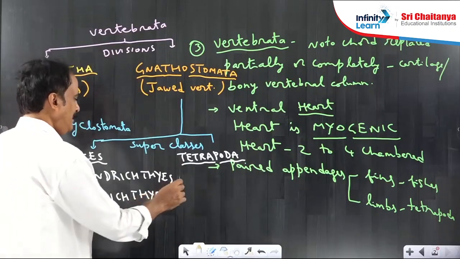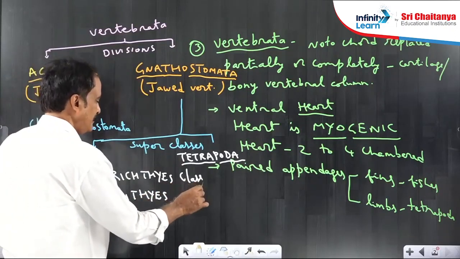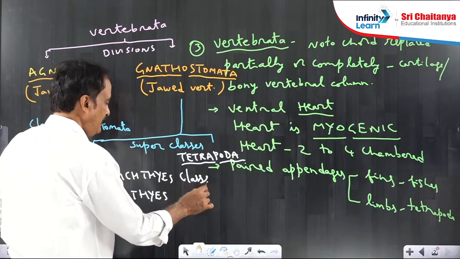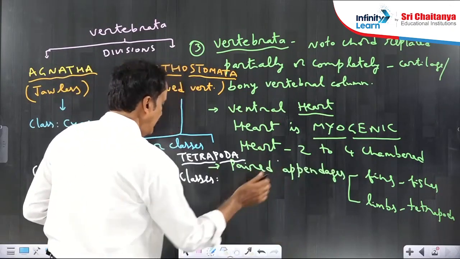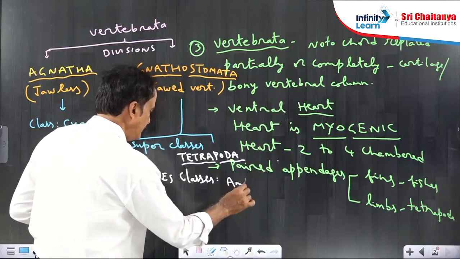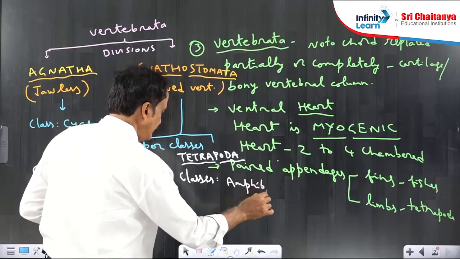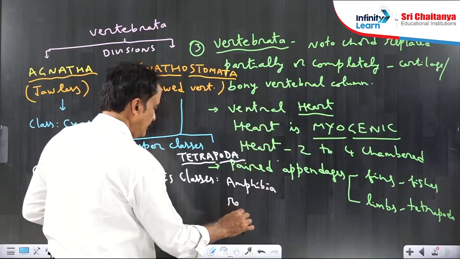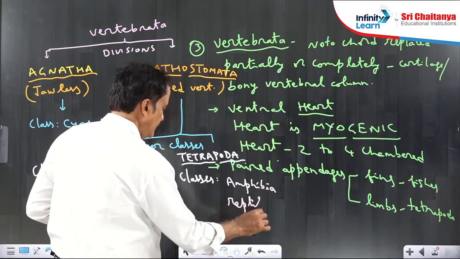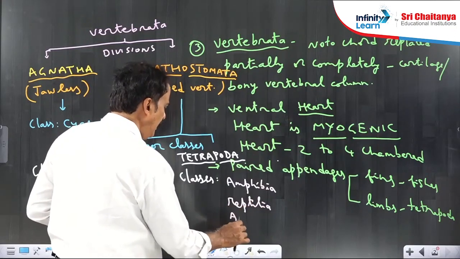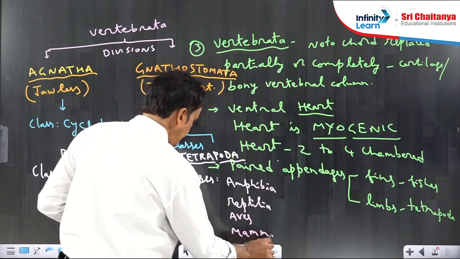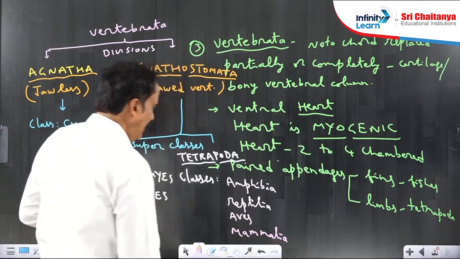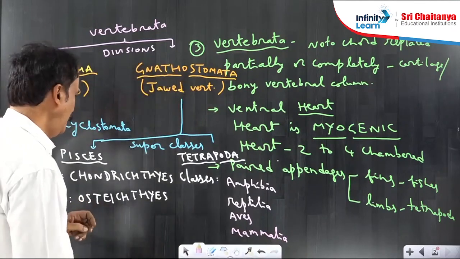This will include classes named as amphibia, reptilia, aves and mammalia. All this will come under the superclass called tetrapoda.